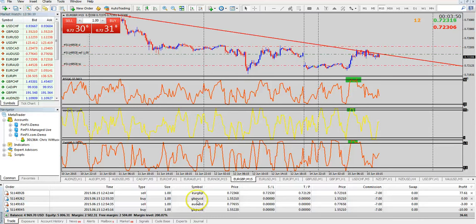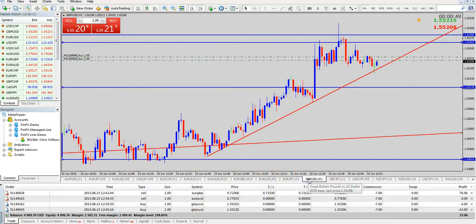So is GBP USD, this one, and then we have 2 GBP USD. I'm just going to let these ones sit until they're positive. We're now in profit. We're $5 in profit. Woohoo!